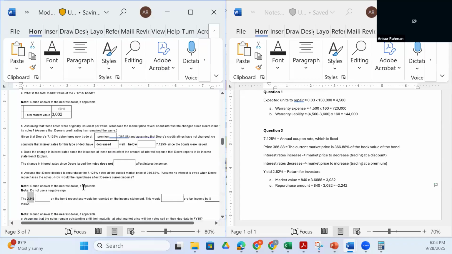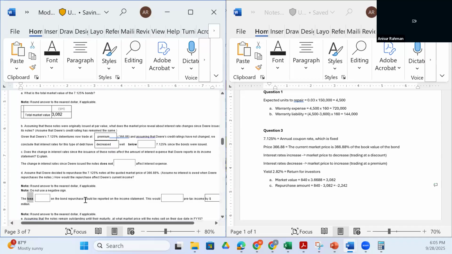So how would the repurchase affect your current income? You will be given a drop down to choose, so then you will choose the loss.